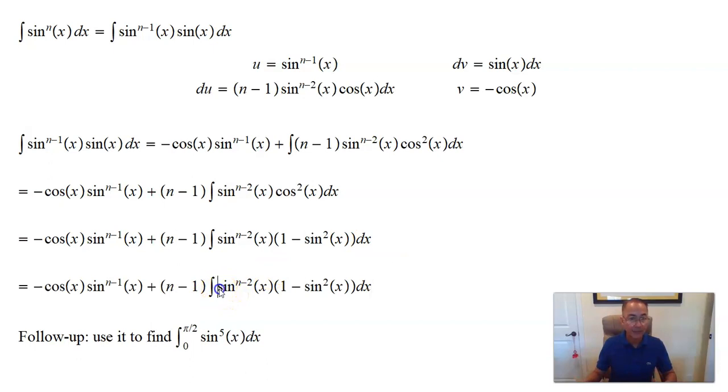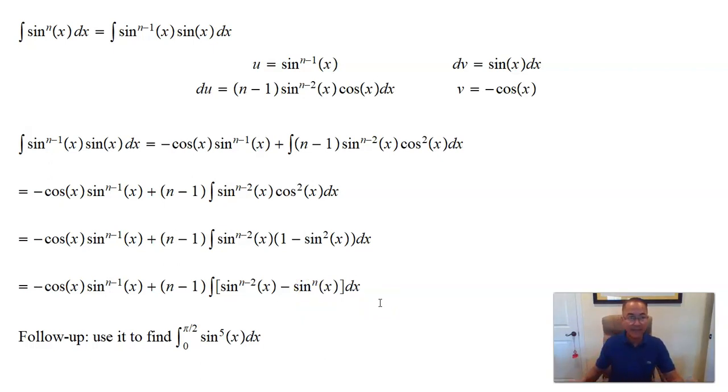So the first term, let's put brackets here. The first term will be 1 times sine to the n minus 2, so that just goes away. And then minus sine to the n minus 2 times sine squared. The minus 2 and the plus 2 cancel out. So we have sine to the n x dx.